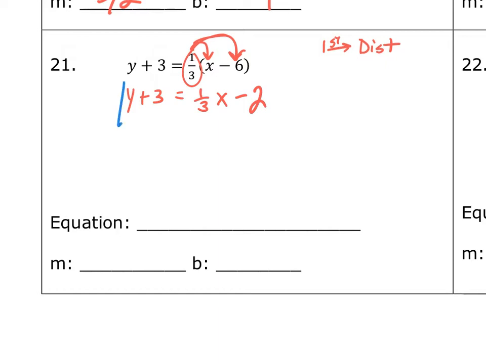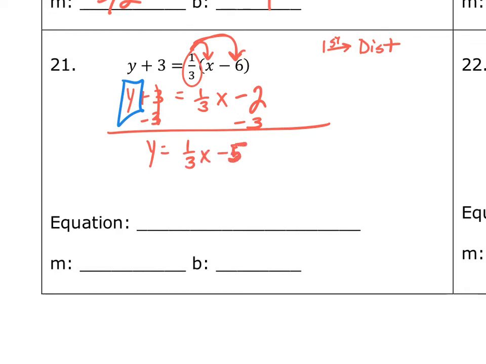Now I'm still trying to isolate the y and get it by itself, so that means I need to subtract 3 from both sides, and I have y equals 1/3 x minus 5. So my equation is y equals 1/3 x minus 5, which means the slope is 1/3, the y-intercept is negative 5.